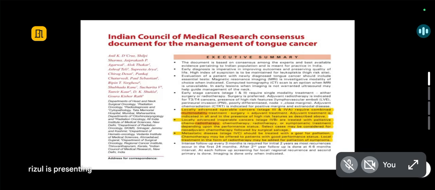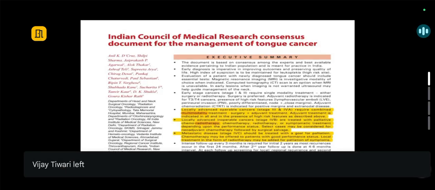Then stage 4B, that is locally advanced inoperable, where we can go with palliative chemoradiotherapy, and then metastatic stage 4C, where the goal is always palliation. But to offer chemotherapy, it depends a lot on the performance status of the patient also.